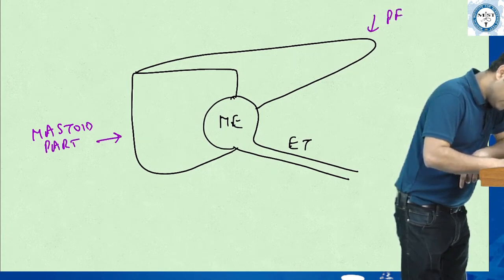This is called the petrous apex. The end of temporal bone is called the petrous apex, beta.